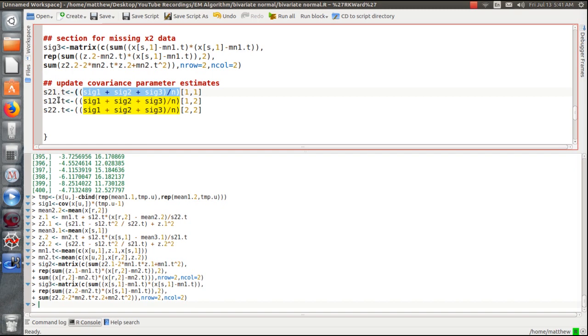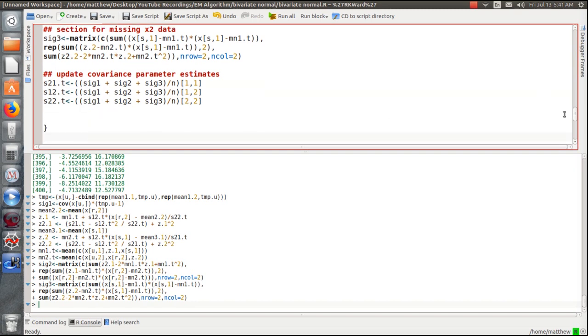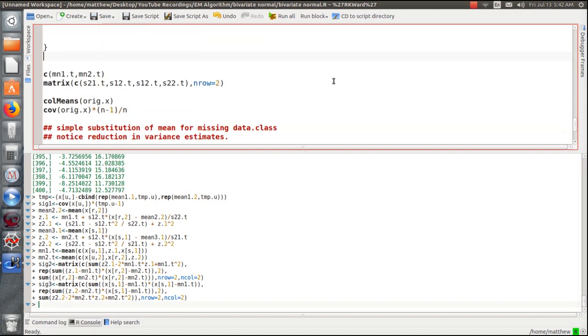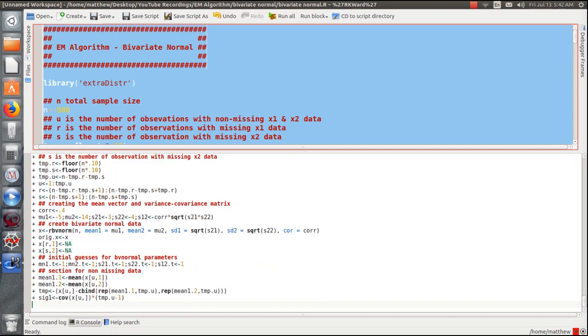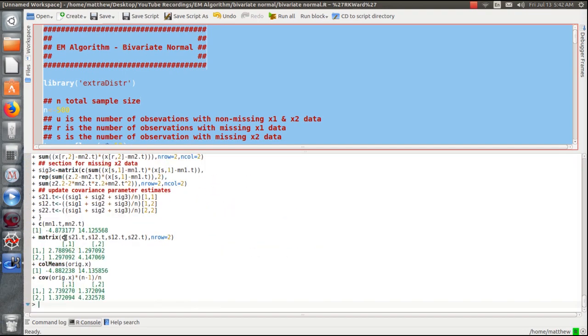This is the covariance, so it's the off diagonal, and this is the variance of the second component. And then we're going to run this 500 times, then we're going to print it out. And let me show you what we get. So it runs and boom.